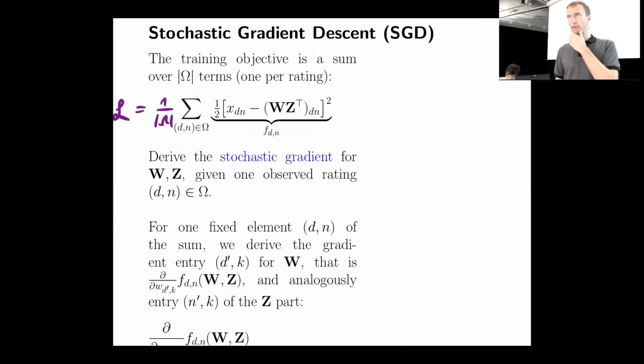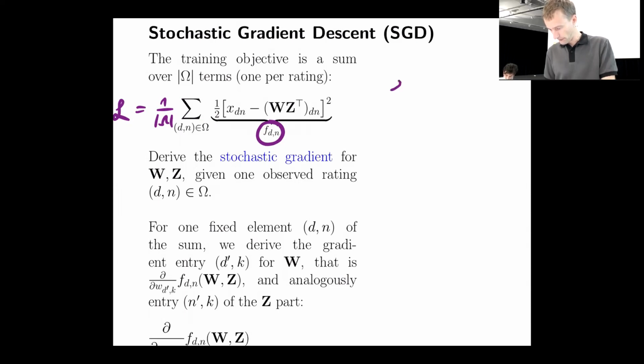Okay, so let's see if we can optimize this loss function with stochastic gradient descent. We do have this nice sum structure. Let's just give this the name F_dn, the contribution from movie d and user n, in the training set.